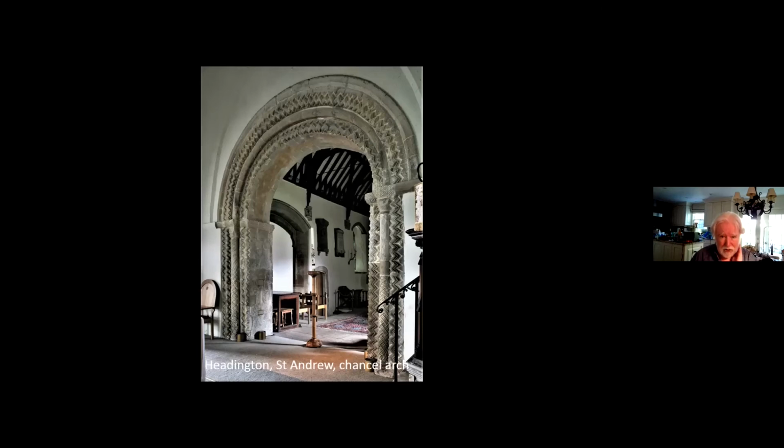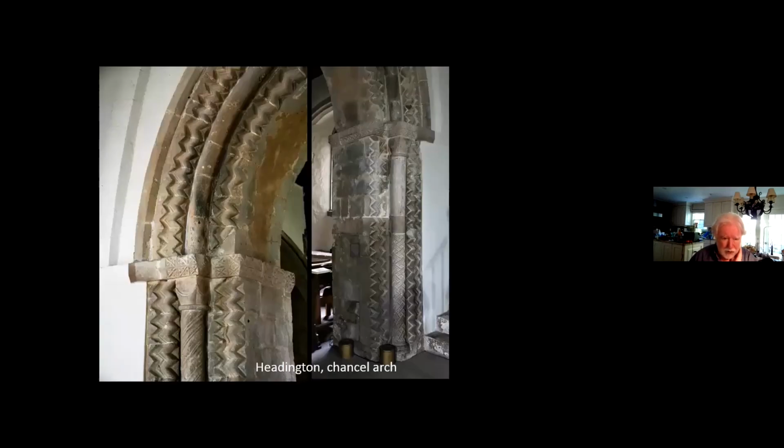There is the chancel arch, rich with chevron ornament, and also decorated shafts, which yes, I can detail for you there. Variety in the ornament of the shafts, left and right, and then roll moulding continuing into the arch there, and chevron to either side.